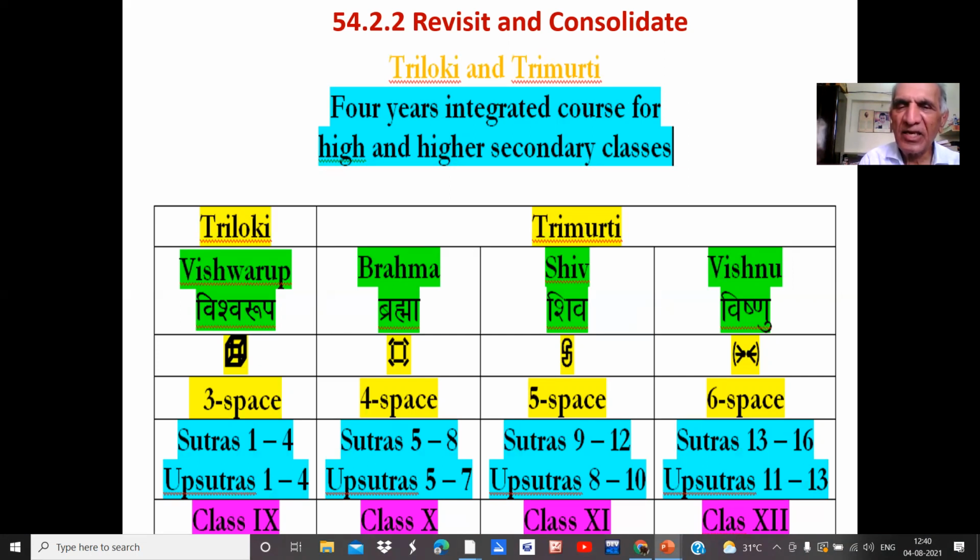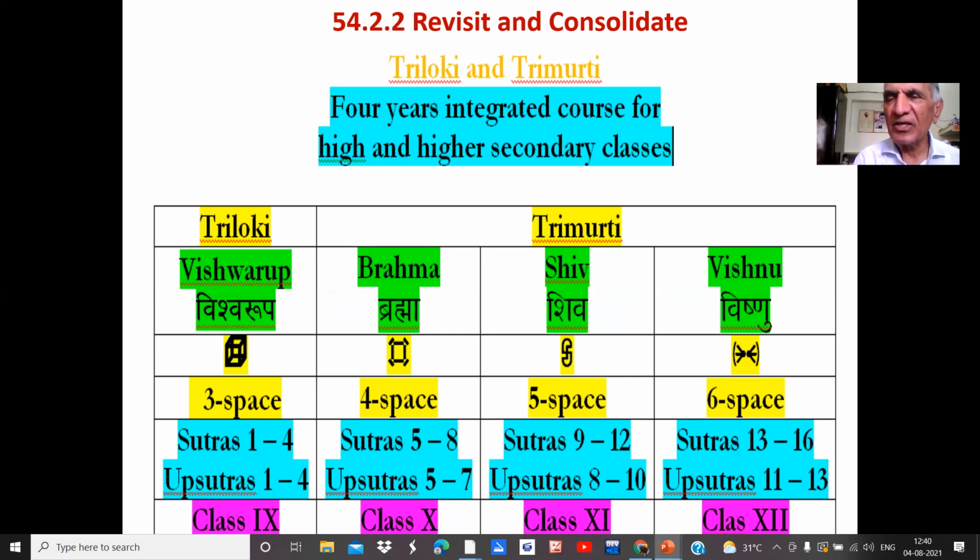Class 10 is to be of a mental state which will make our intelligence parallel with the spatial order 4 space, the creators of space presided by Lord Brahma, a 4-head Lord. The Sutras basis will be Sutras 5 to 8 and Upsutras 5 to 7.